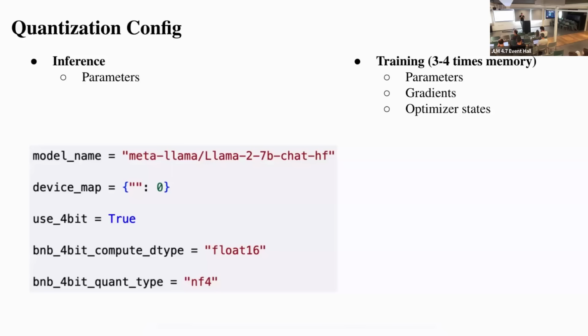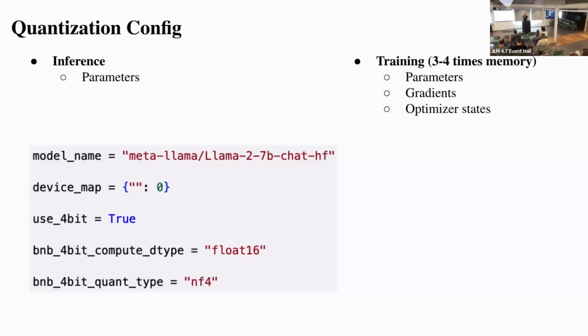Now, an important thing to note is that if you only want to load the model and make inference, you need to leave room for the parameters. But in training, you need much more memory. In training, you actually need 3 to 4 times more memory than for only inference. Because in training, in addition to saving the parameters, you need to save the gradients and the optimizer states.